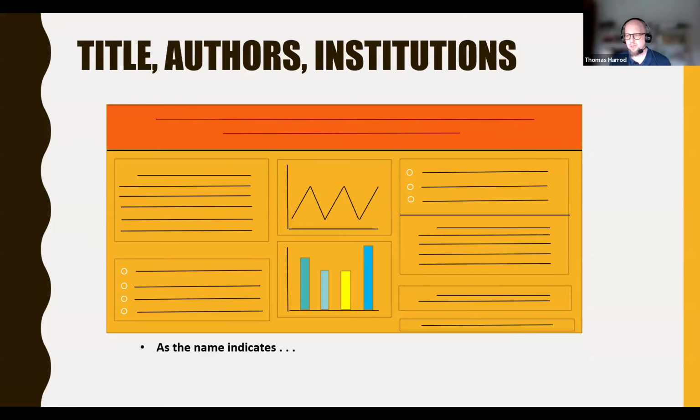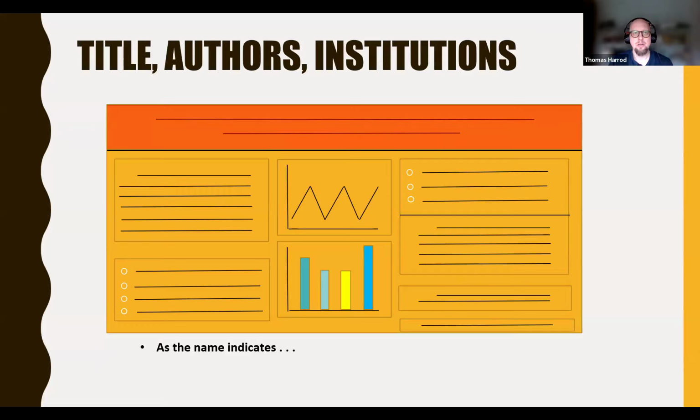And in terms of what the order should be, there may be group by group or discipline by discipline differences. So you may want to talk to a PI or somebody more senior in your group about what the expectations are. My experience has been that it's typically the person who did the most work on the project who would be the first author listed.